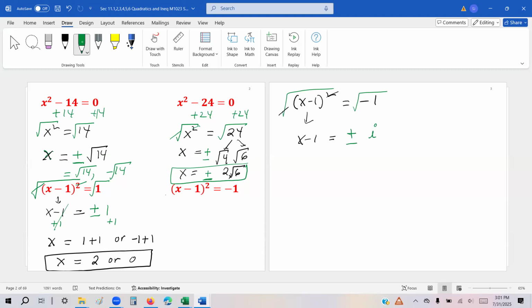You already forgot. I already told you like 100 times. And then the last thing we do is add 1, right? So what do you get? x equals plus i plus 1, which is 1 plus.